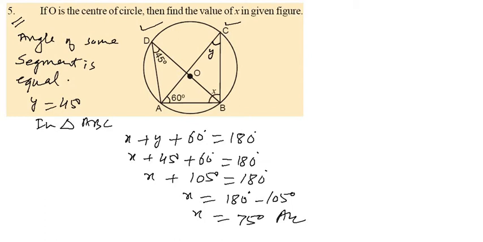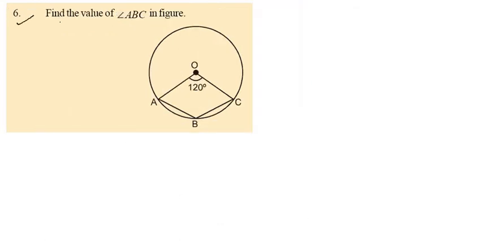Now come to the next question. 6th question, find the value of ABC. That means this angle ABC. Let that be x, and here is the 120. Suppose this angle is z.